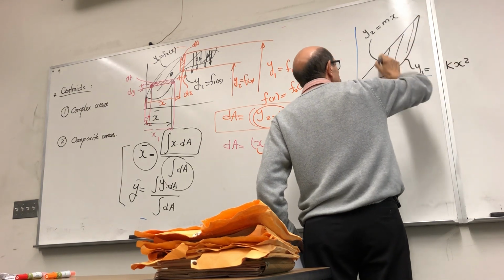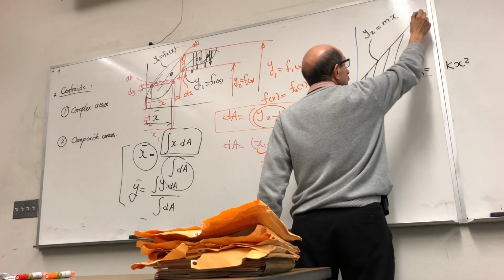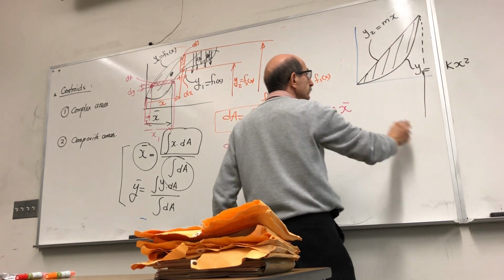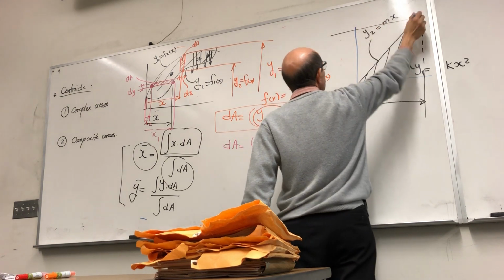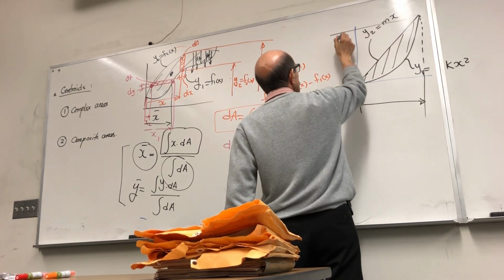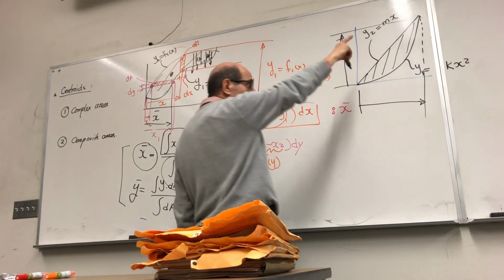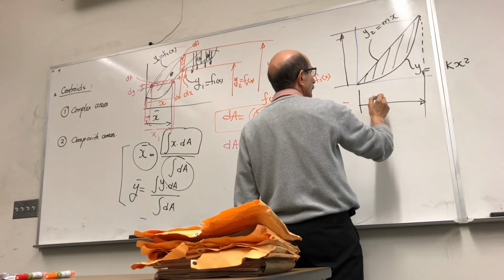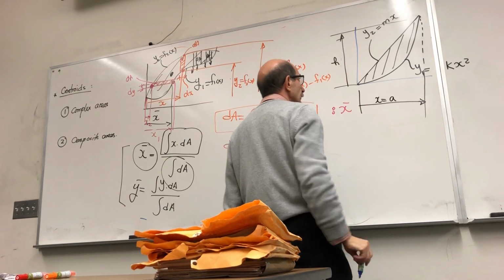So you want to find the centroid of this area, which is basically the area that is trapped between these two curves, where they intersect at this point where this is A and this is H, okay?